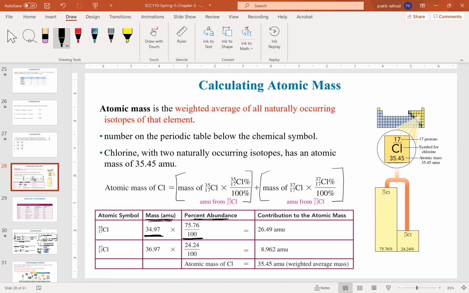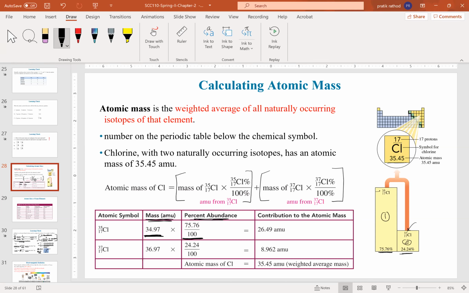How do you get that? Again, there are two isotopes. The first isotope exists as 35. The second isotope exists as 37. What is the percentage of them? 75.76% of the first isotope, 24.24% of the second isotope.